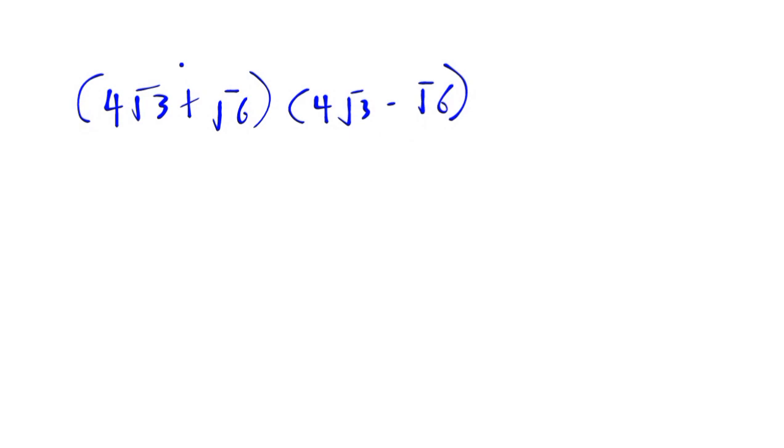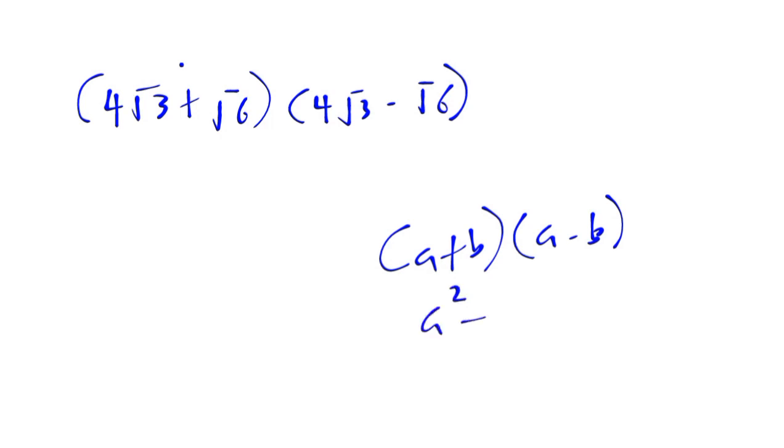What do I mean by the difference of two squares? Something like a plus b multiplied by a minus b. Whenever you multiply stuff like this, you end up having a square minus b square. That is the same thing you are seeing here. I have the same terms in both brackets.